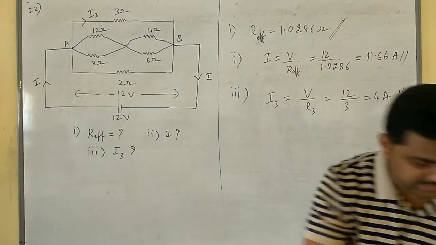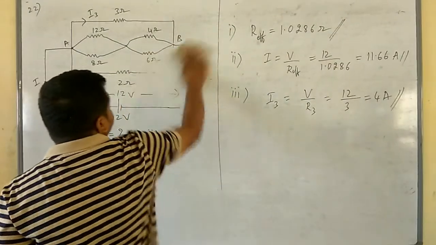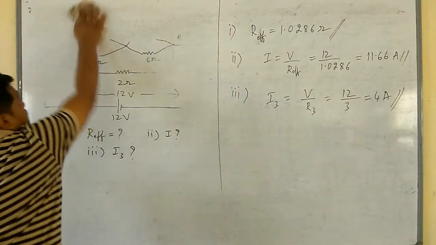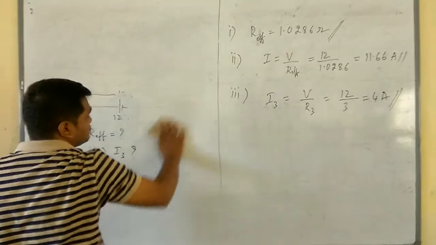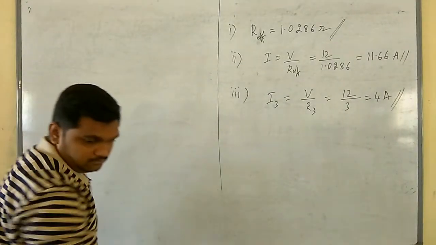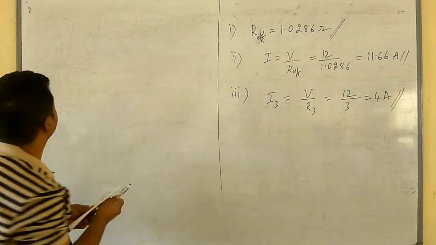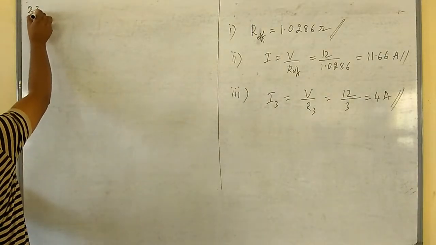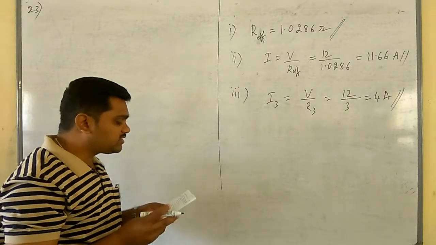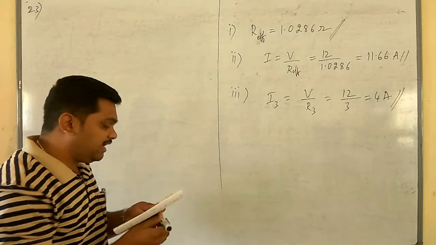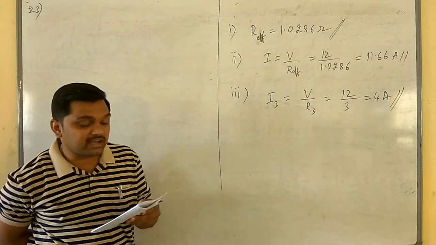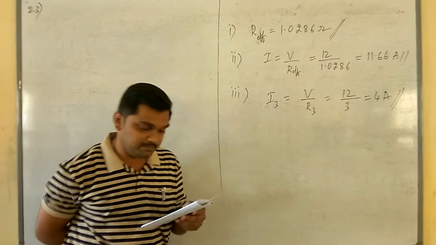Question number 23 says that two cells A and B are connected in series, each having an EMF of 1.5 volt.